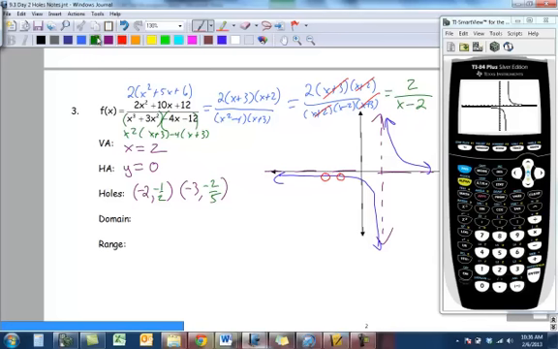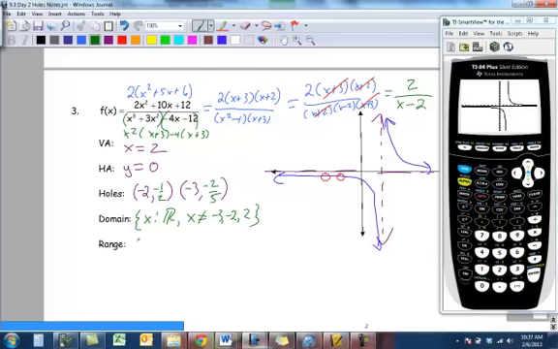So our domain, the domain is x is all real numbers. I'll show you another way to write this. X is not... what can't x be? X can't be -3, can't be -2. Everything else, and then the asymptote 2. So it can't be -3, can't be -2, and it can't be 2.